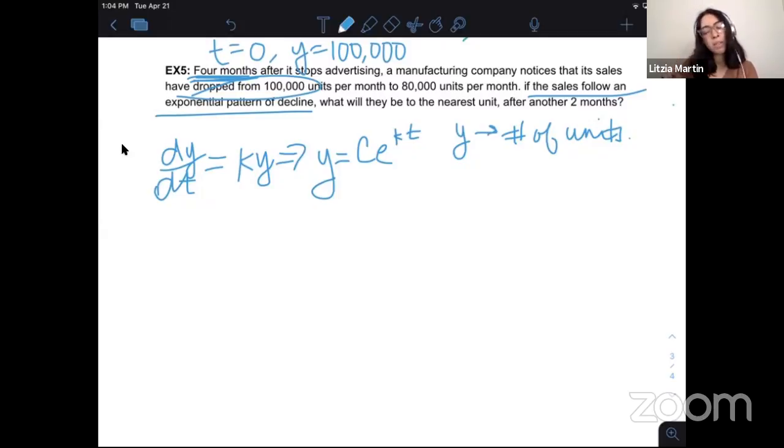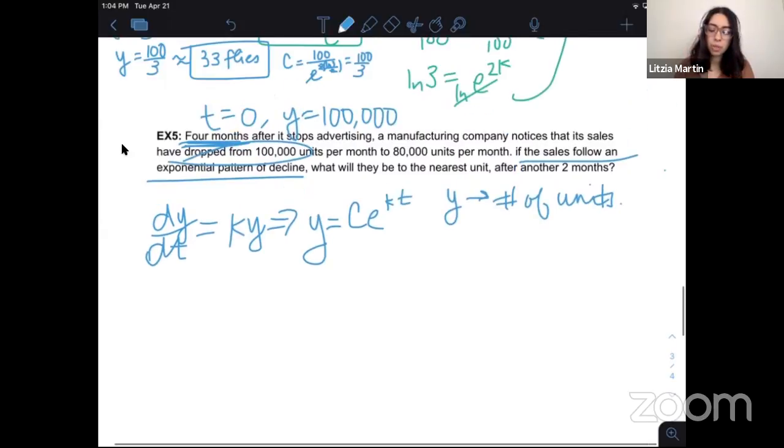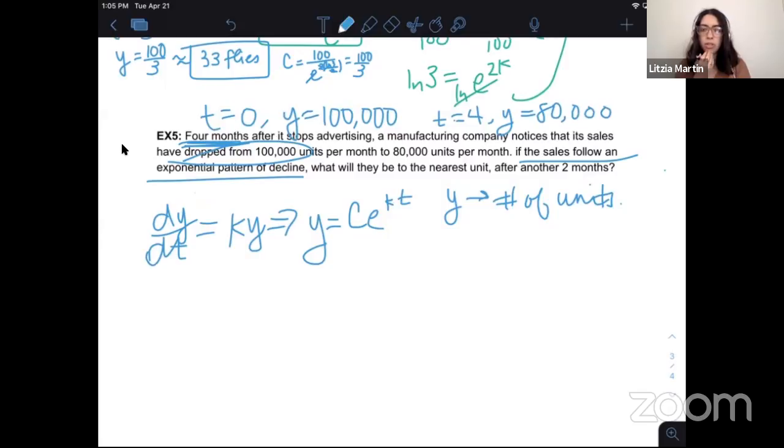So sometimes they're going to give you those little clues and you have to kind of piece it together to be able to understand it. So when we're starting, we have 100,000 units. 4 months after that, so when t is equal to 4, our y is going to equal 80,000 units. So there's a decline there.